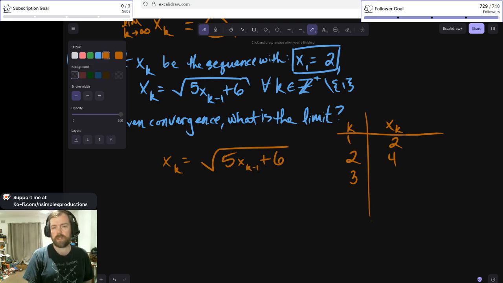Right? For 3, we take the previous value, 4, plug it in, we get 20, plus 6 is 26, the square root of 26. This is the square root of 16, and this is just 2.